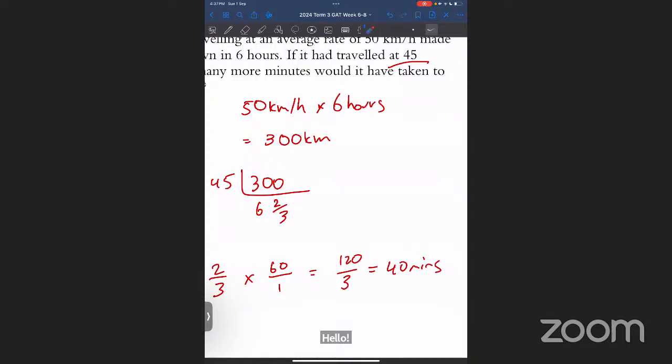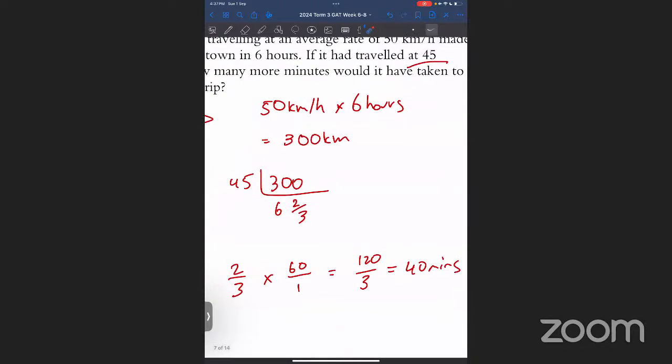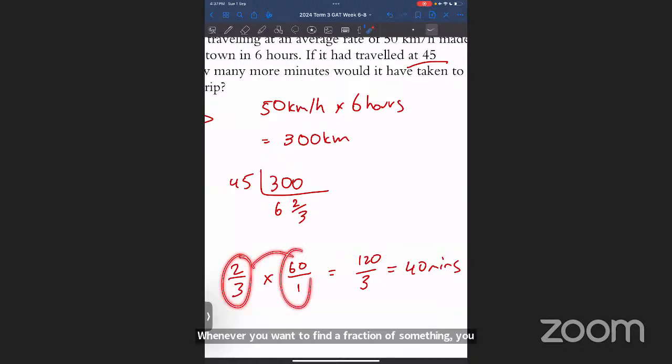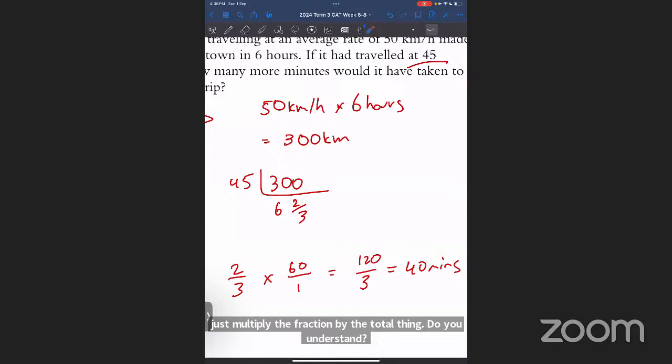Yes, I do. Awesome. So because we found that it's 6 hours and 2/3, we need to find out 2/3 of an hour. Whenever you want to find a fraction of something, you just multiply the fraction by the total thing. Do you understand? Yes. Awesome. So that's what we did.